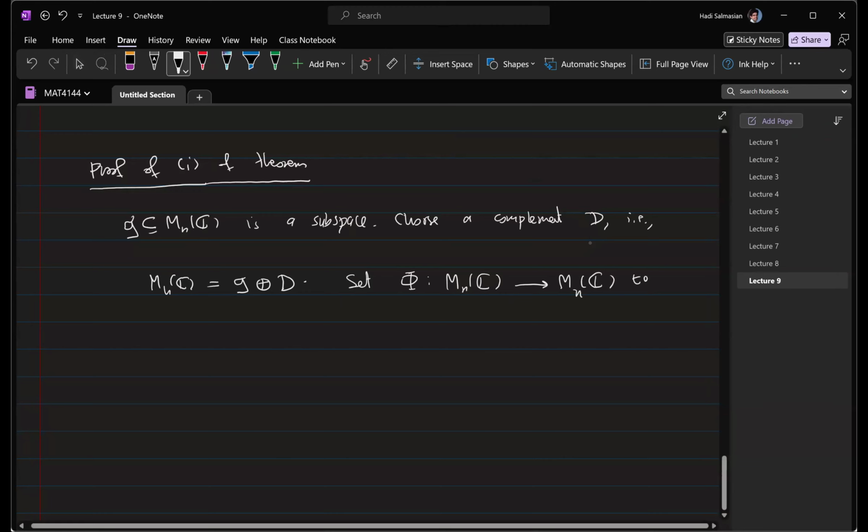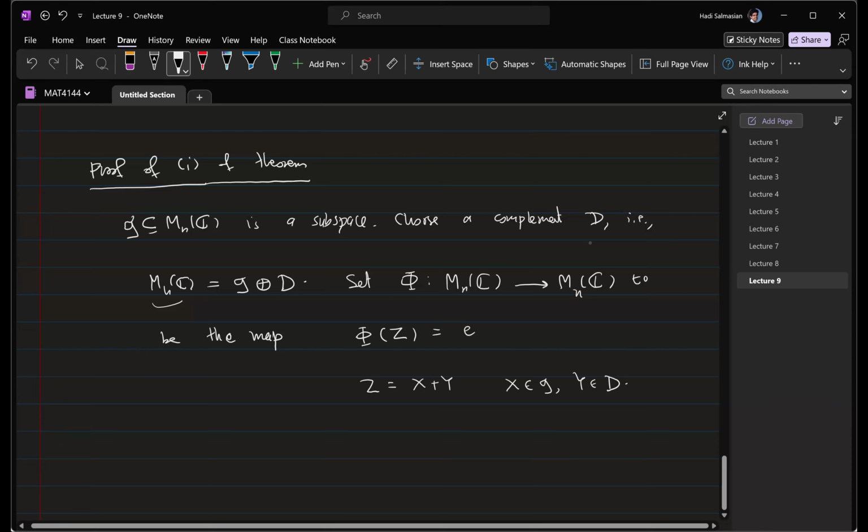Set this to be this map. So any element of the domain can be written as x plus y, where x is in G and y is in D. Okay?